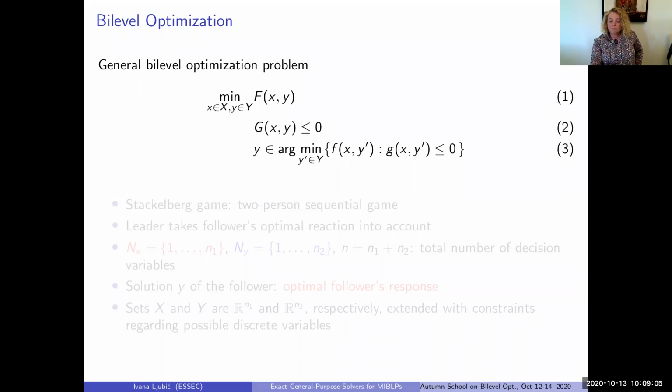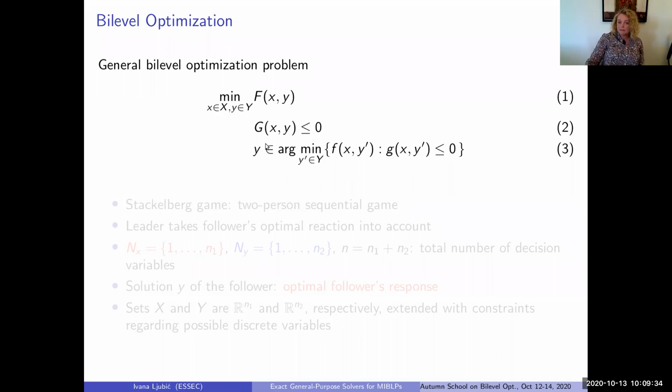In mathematical terms, this is the most generic way of writing a bilevel optimization problem in a form in which we will say that the leader controls the x variables and partially controls the y variables, because the y variables also have to come as the optimal solutions of the nested parametric optimization problem, which is described here in inequality 3.